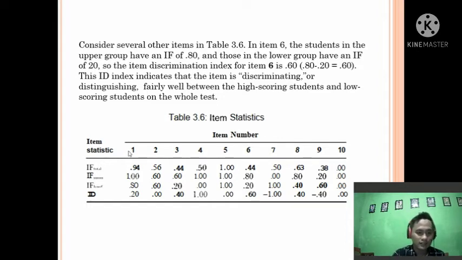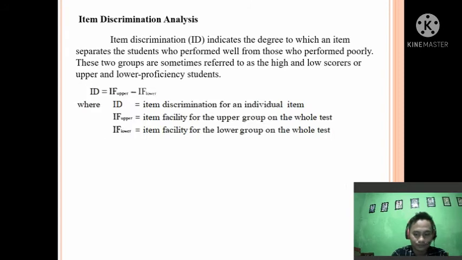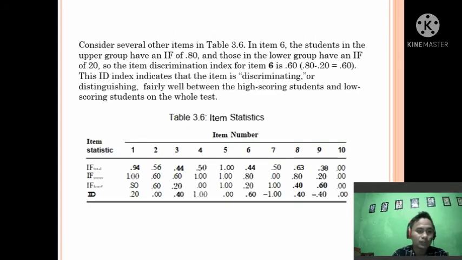In this table there are 10 items. This IF is the total percentage of item facility, and in the middle is the upper group and the lower group, and this one is the result of ID, item discrimination.